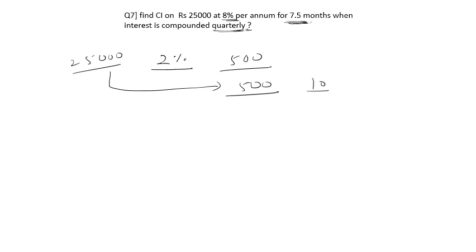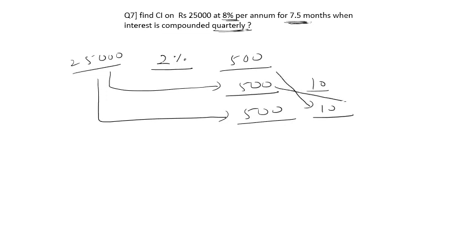For the next 3 months, the interest is 500, then 2% of 500, this is 10, 2% of this is again 10, and 2% of 10, that is how much? 0.2. This is the first 3 months, the next 3 months, the next 3 months, and again 3 months.